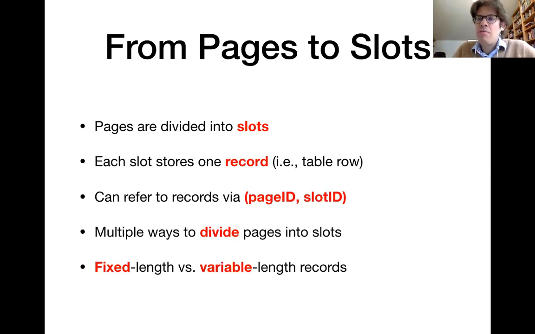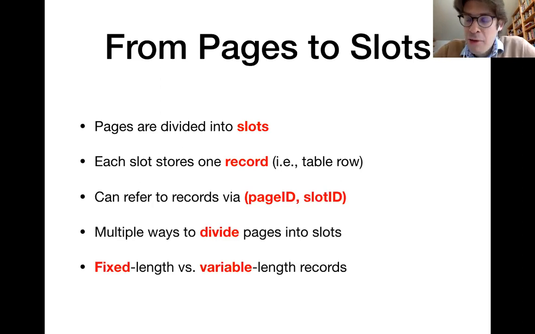And those page sections that store specific rows are called slots. So we have to think about how we can divide the space on a page into different slots for storing table rows, also called records in this context.